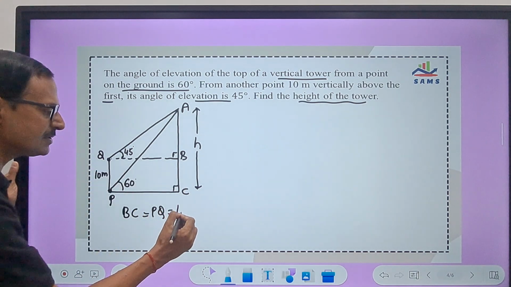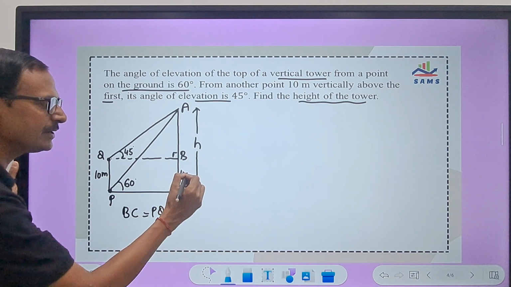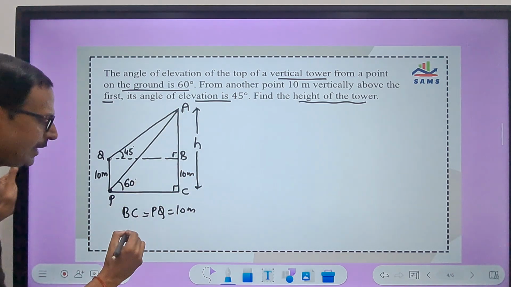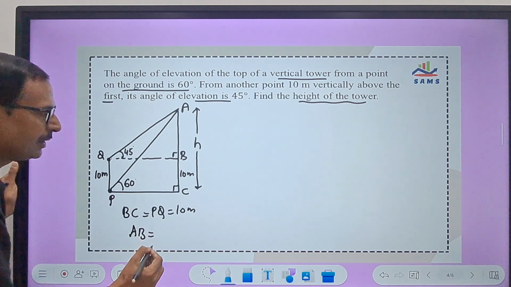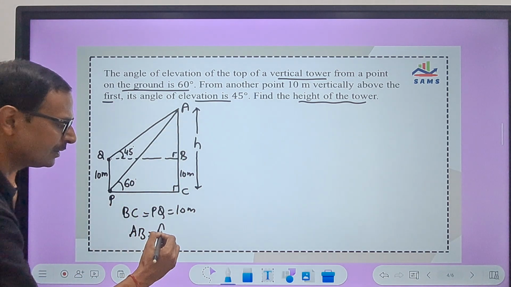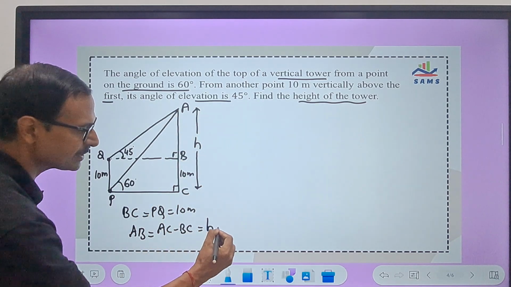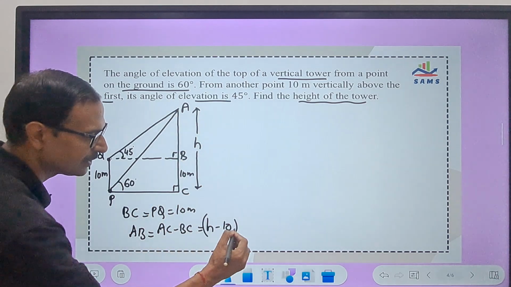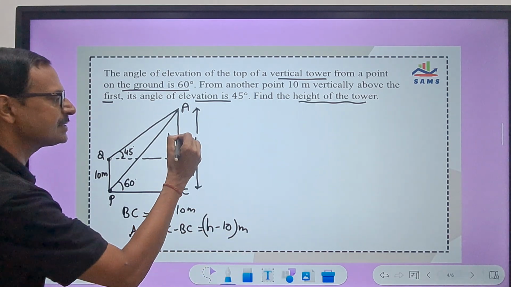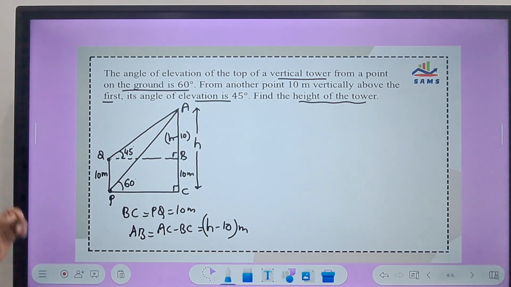And that is 10 meters. So this is also 10 meters. And so what will be AB? AB will be AC minus BC, and AC minus BC comes out to be H minus 10 meters. So this is H minus 10 meters, right?